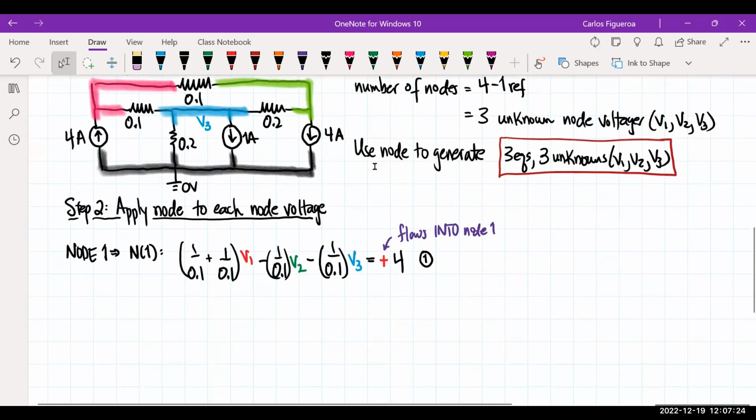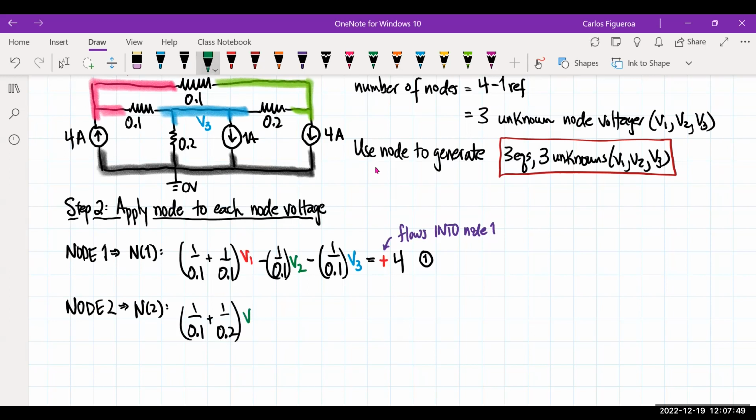So let's write that out. Now we have node 2, which I write as N2. Then I focus on the green. The green has a 0.1 and a 0.2, so I sum those: 0.1 plus 0.2, and that's connected to the green node.